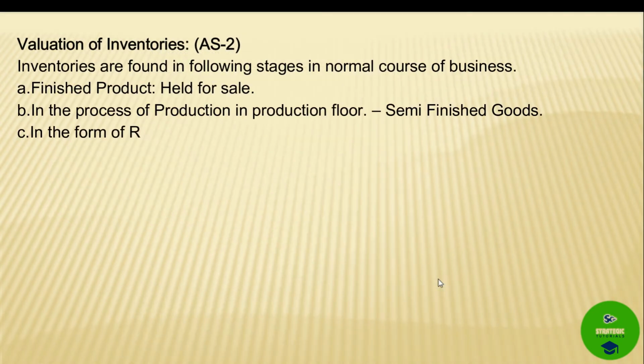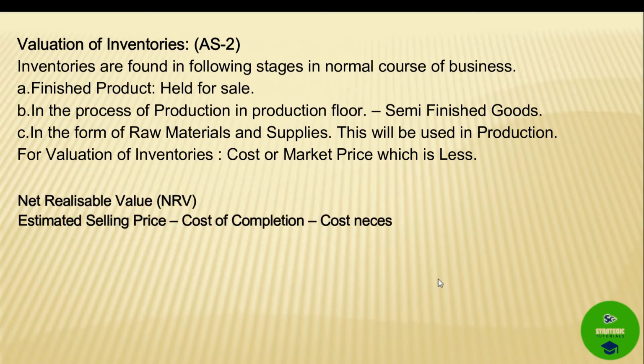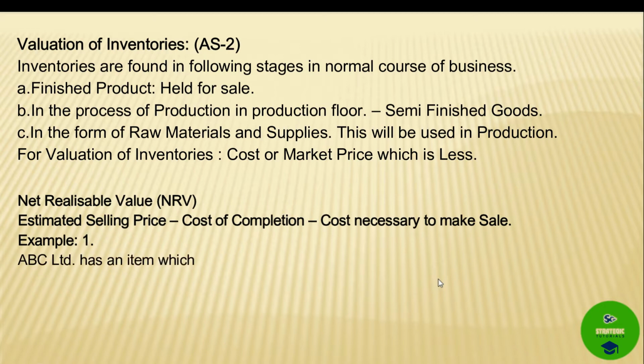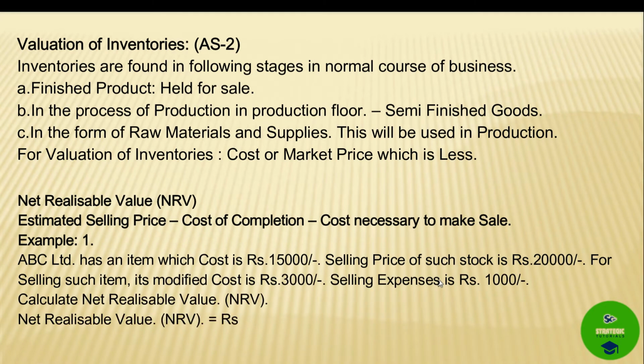Now, valuation of inventories as per AS 2, the main characteristics have been described: finished product held for sale; in the process of production, that is remaining in the production floor, that is semi-finished goods basically; in the form of raw material and supplies, which will be used in production. This is the finished stage.